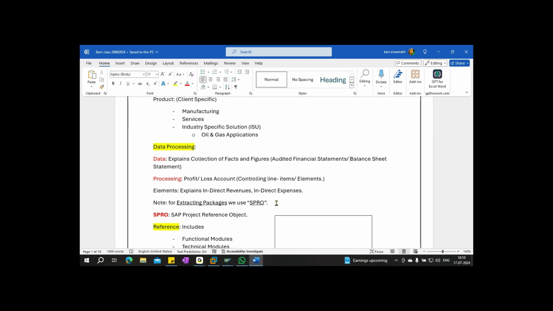Next, processing. Processing explains profit or loss account, in bracket controlling line items or elements.